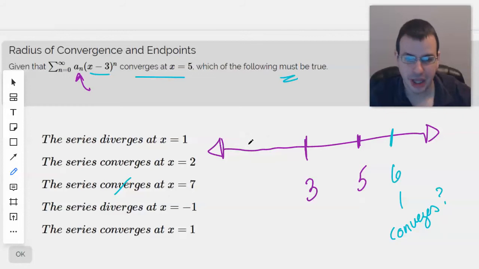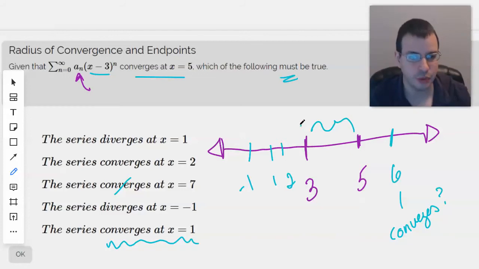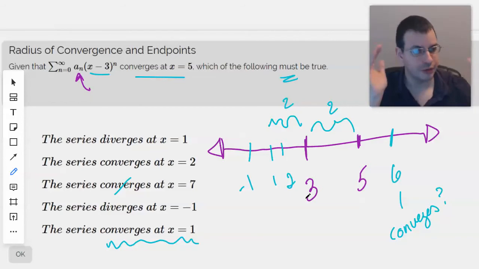It might, so we have negative 1, 1, 2. So we have 1 here. The first thought process is, all right, we have a radius of 2 here, so we should probably have a radius of 2 here, and it'll converge for both of them.